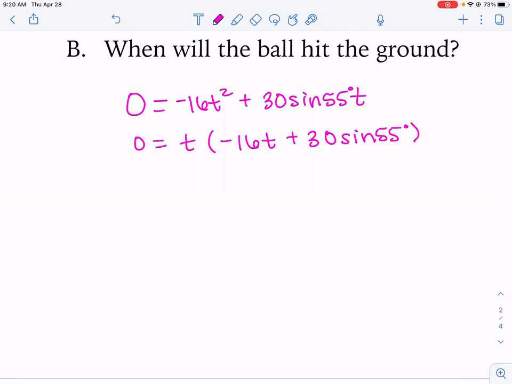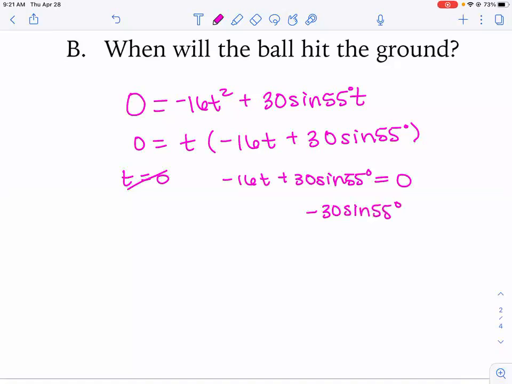So t equals 0, we knew that, or negative 16t plus 30 sine of 55 degrees equals 0. So I am going to subtract 30 sine of 55 degrees over and then divide by negative 16.